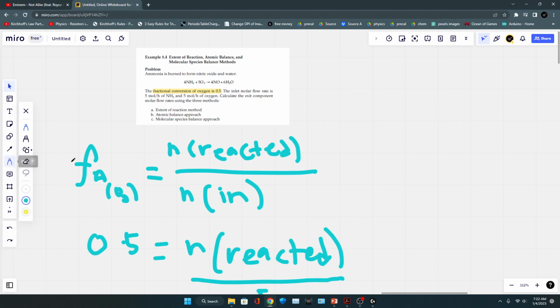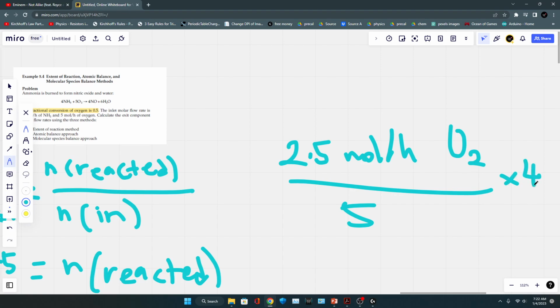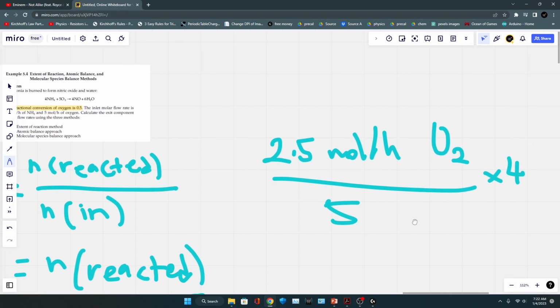So to put it simply, 2.5 moles per hour of oxygen, we divide it by 5. 5 is the stoichiometric coefficient of oxygen, O2. So we divide it by 5, and then we multiply it by 4, so that we'll be able to get the number of moles of ammonia.